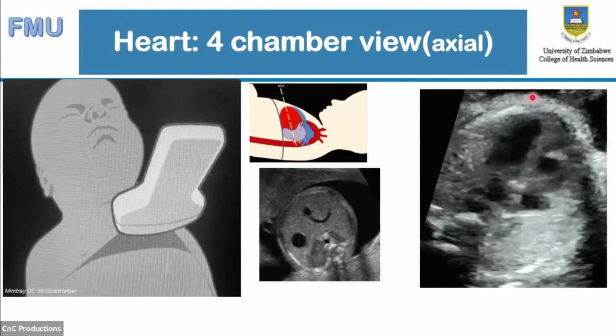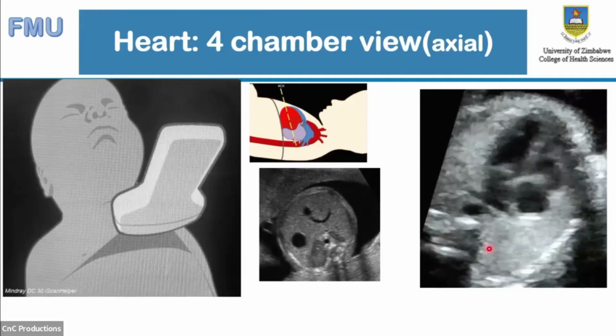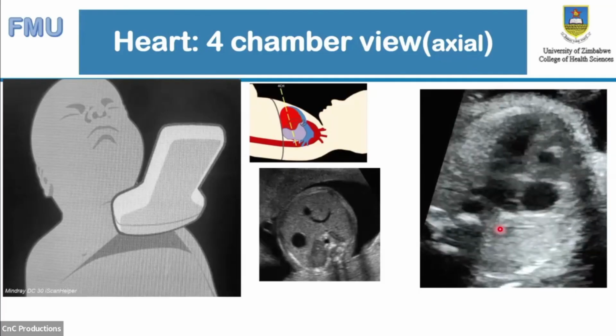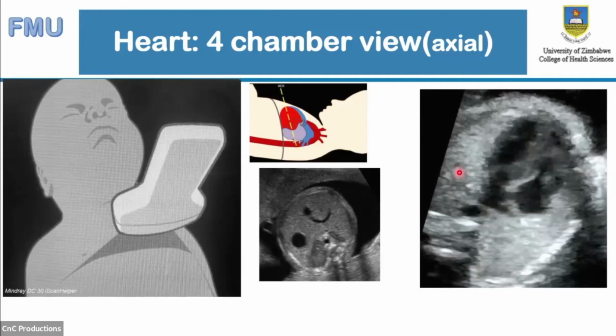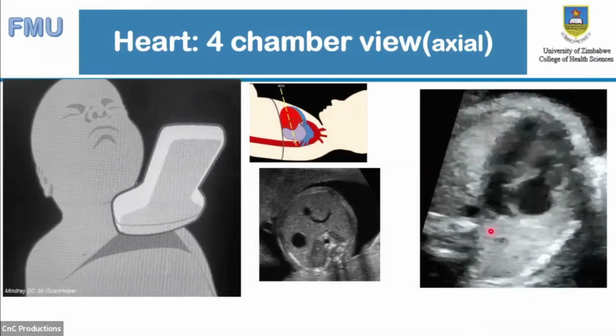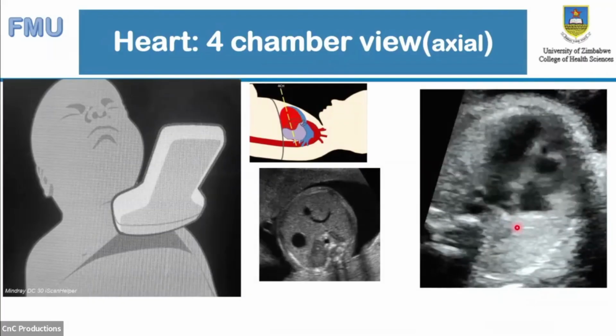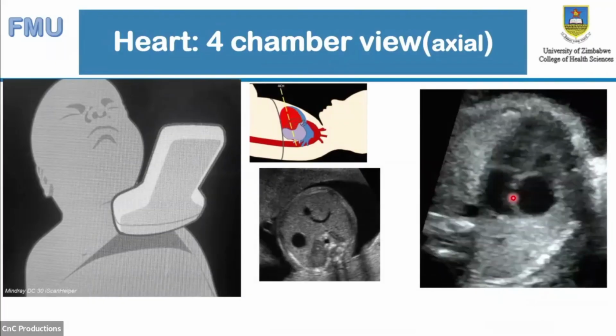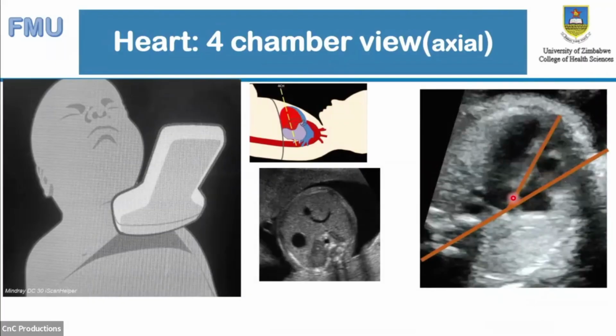And then we also assess for any pericardial effusions, and the size of the heart should be approximately 3/4 of the area of the entire thorax. So this is for the 4-chamber view. There shouldn't be any overriding aorta seen on this 4-chamber view, as we see in tetralogy of Fallot.